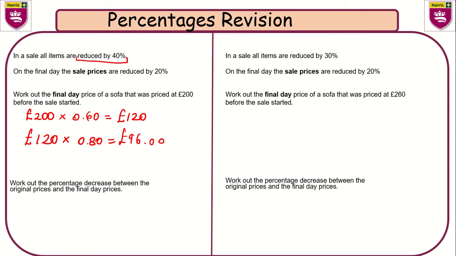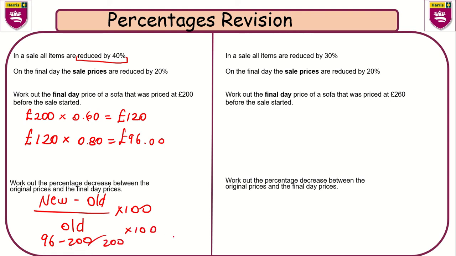Now, can you work out the percentage decrease between the final day price and the original price? So we need to do new, take away old, divided by old, times by 100. So the new one is going to be £96. Take away the old one, which was £200, divided by 200, and then we're going to times it by 100. If you use the formula, you are going to end up with a negative percentage in the end.